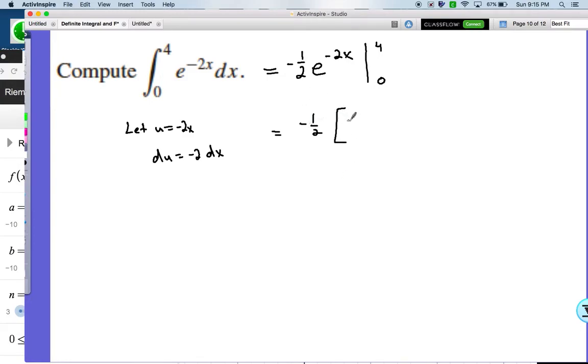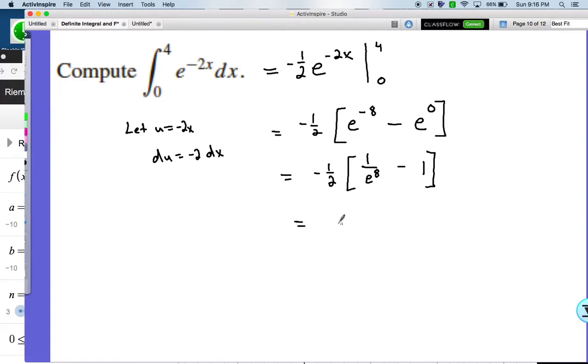So negative 1/2, and then e to the, that'll become negative 8, negative 2 times 4, minus e to the 0 power. All right, so this becomes negative 1/2 times 1 over e to the 8th minus, this is 1, the e to the 0 is 1.